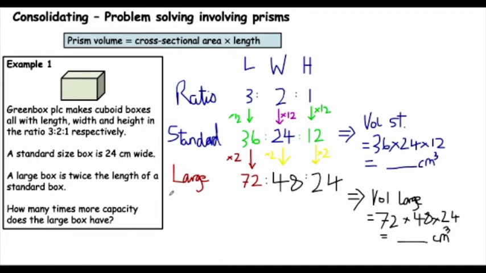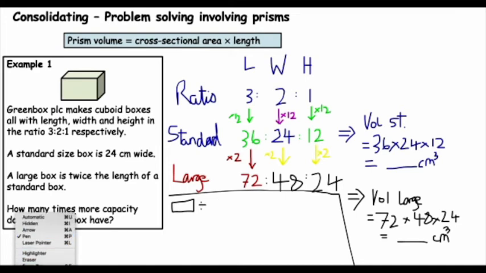And the last thing to do is to say that to work out how many times more capacity the large box has, we need to take the volume of the large box and we need to divide it by the volume of the small box.